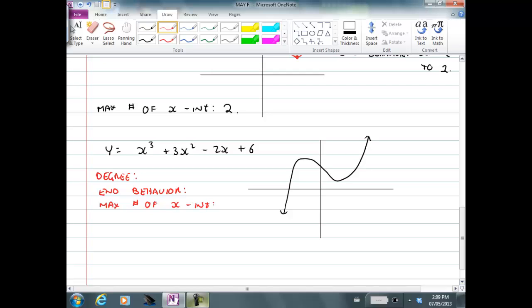Okay. What about the min number of x-intercepts? Answer these questions now. This is all about understanding what a polynomial graph looks like. This is called a cubic function. So, by the way, this is a cubic graph.